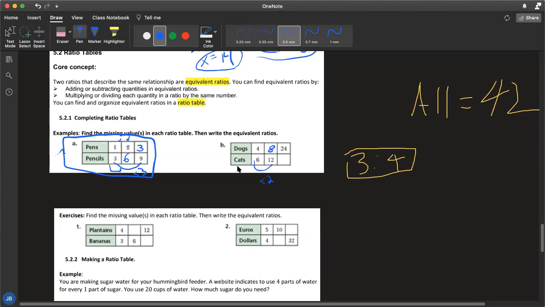Go ahead, Jerry. You have to multiply by 6. Exactly. So we multiply by 6 to get from 4 to 24. So we have to do it down here. 6 times 6, and we get 36. And that will be our equivalent ratio table. Does that make sense for everybody?